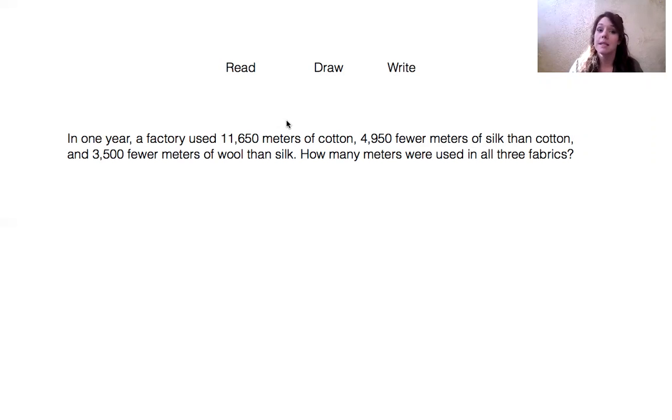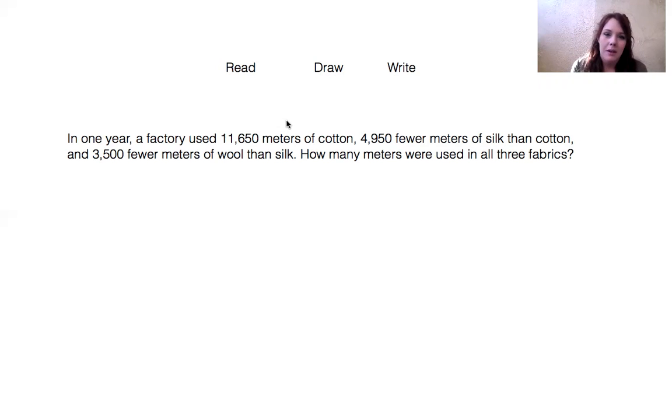So if sometimes it seems like I'm giving you too many notes, I completely understand. Please, if you feel that way, let me know and we can adjust. But I do want to reach to those that might be seeing questions and having students that would struggle a little bit more, okay? So the first step in our read, draw, write is, that's right, read.